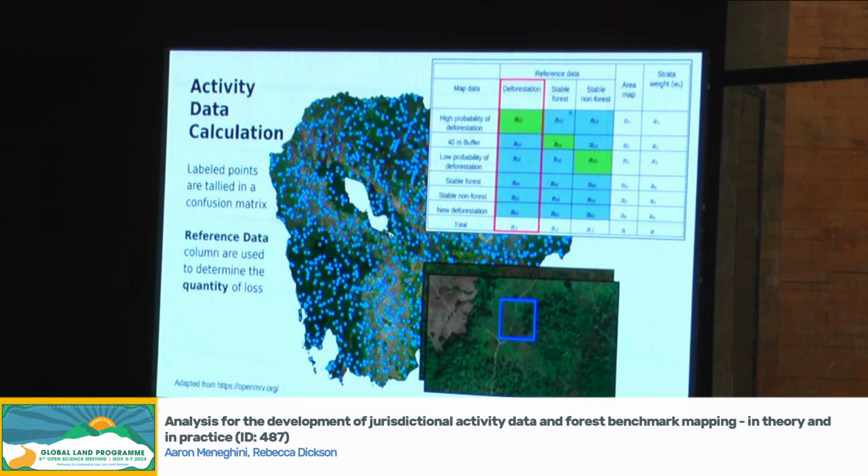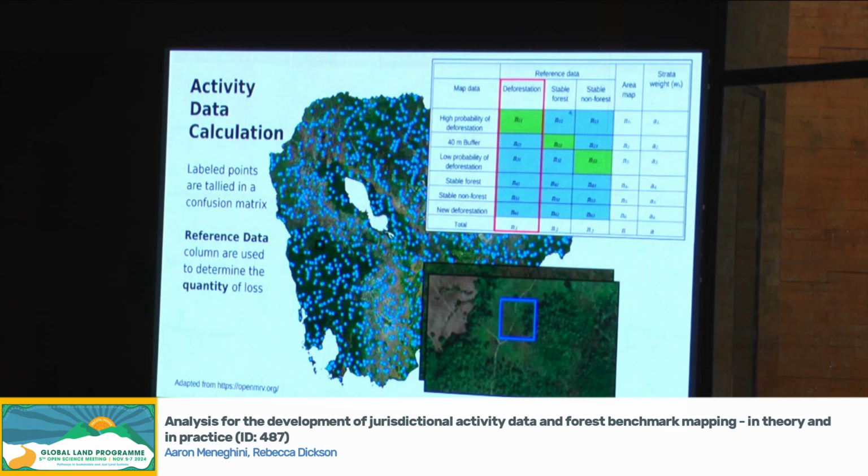Once you've gone through all of your points, and you've achieved a precision target for your sample, you're going to tabulate these things in a confusion matrix. It doesn't necessarily have to be the same strata or map classes that are present in your FCBM, but they can be.